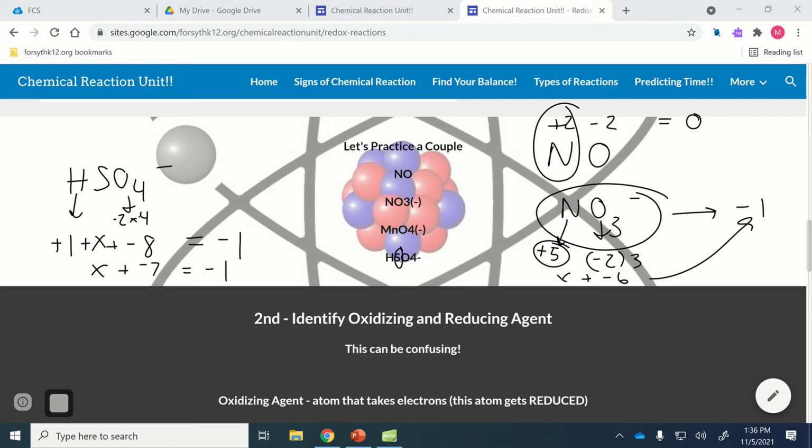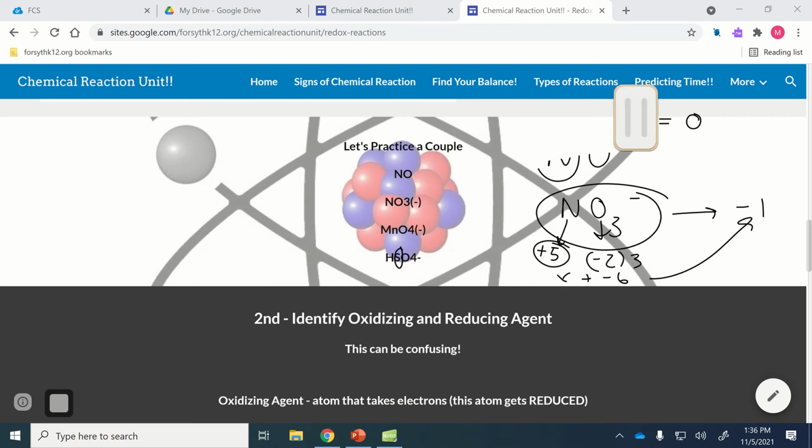All right, is that right? Yep. And so this has to be +6. The sulfur is +6. 1 plus 6 is 7, minus 8 is -1, if you want to go back and look at it that way. So that is an initial step we're going to have to take, is trying to figure out the charges. That'll be part of your questions before we get into actually writing the redox reaction completely.